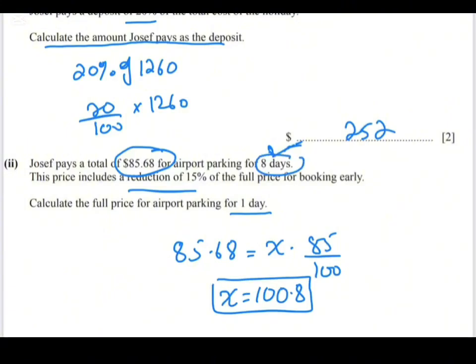Calculate the full price for the airport parking for 1 day. So to find out the airport parking for 1 day, we need to divide this value by 8. So 100.8 divided by 8 will give us 12.6. So the final answer of this question is 12.6.